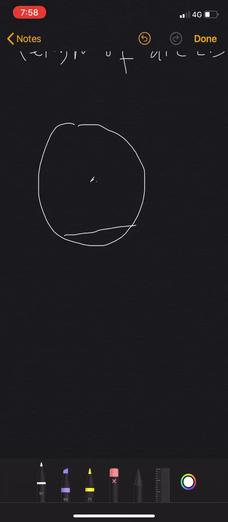So let's say that you have two chords with the same length. Dua chord ni same length. So the distance, jarak daripada this chord to the center and this chord to the center, at 90 degree ni, is the same.